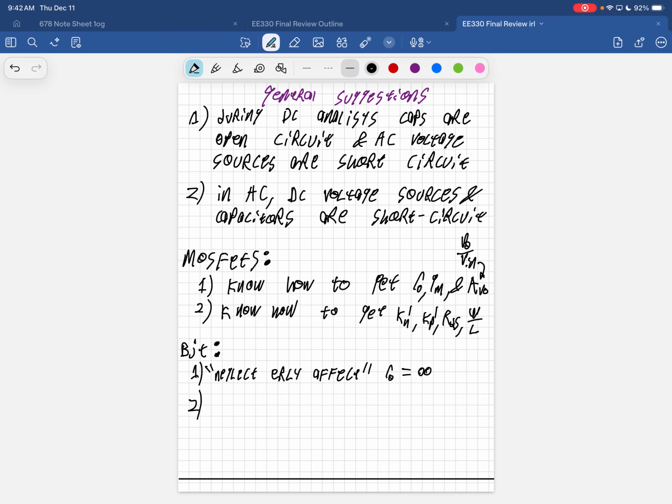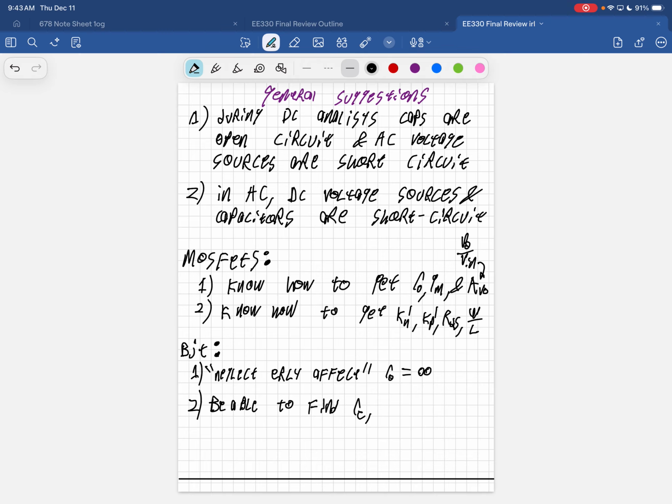Some of the other stuff is to be able to find RE. That's one of the GM. Let me check that. The question is, RE is 1 over GM?